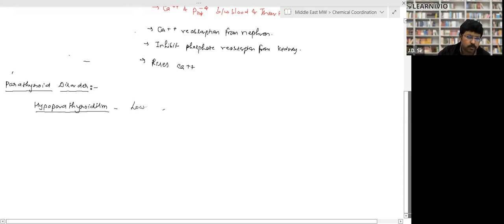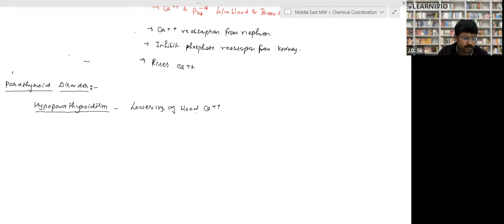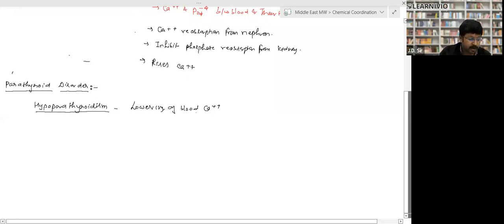It causes cramps in muscles, and this line is very important: it causes cramps in muscles, which is known as parathyroid tetany, or hypocalcemic tetany.